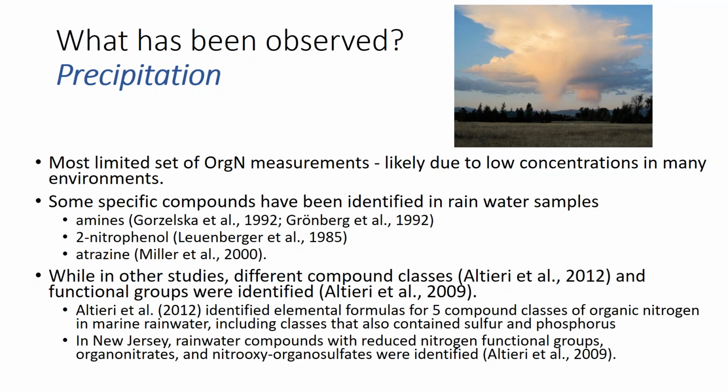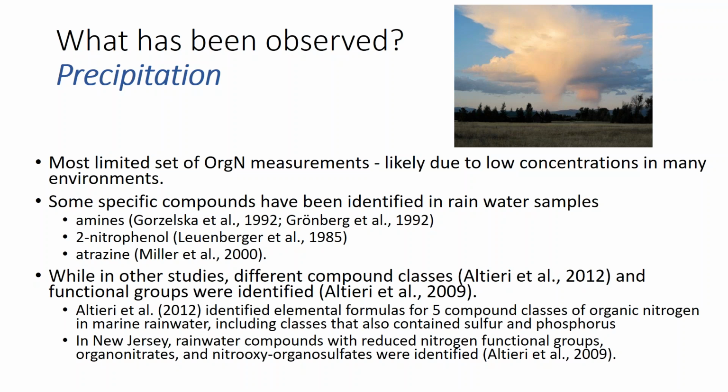Other studies, specifically by Altieri, have done more of this mass spec type work where they identify different functional groups. In some of those studies, they've identified compounds that contain organic nitrogen and also contain atoms like sulfur and phosphorus, which are pretty interesting.